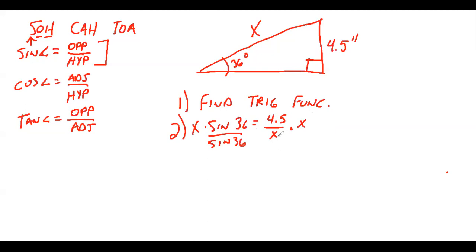Correct. So here's what it looks like algebraically the long way. Those cancel, those cancel, those cancel, and those cancel. And what you're left with is x equals 4.5 divided by the sine of 36.